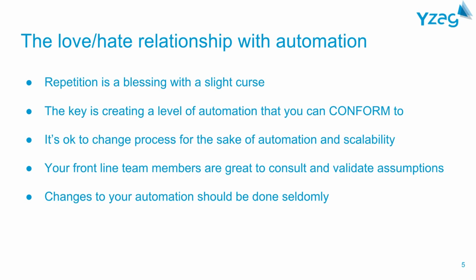So if we look at the second point there, the key is creating a level of automation that you can conform to. It's very important to look at automation with a balance. It requires a certain level of judgment of when to say, that's too much of a unicorn scenario, versus no, that scenario is very common and needs to be addressed, as well as, here's a scenario that I can foresee happening in a year, and therefore I want to address it now so that we don't have that issue.